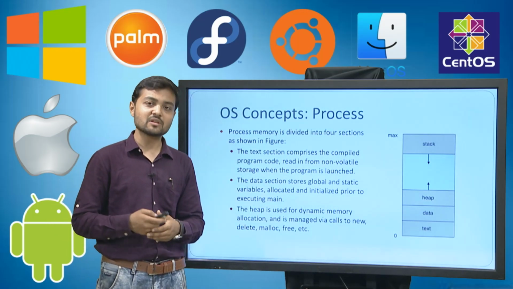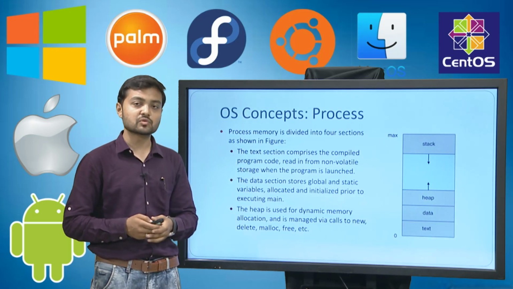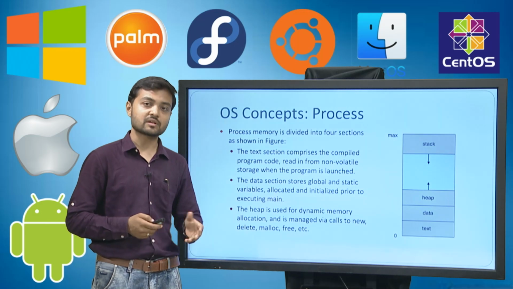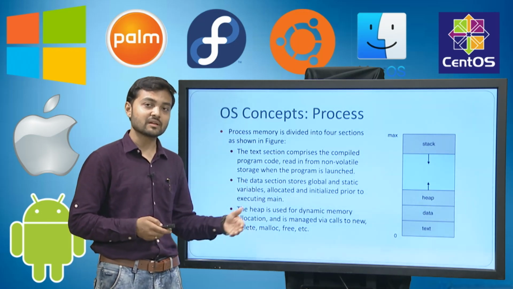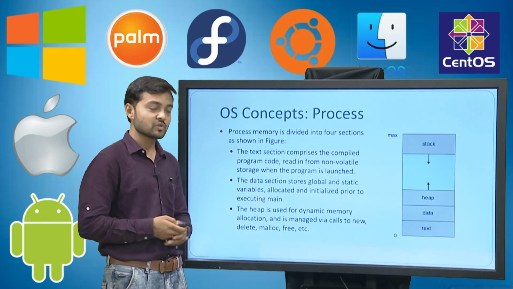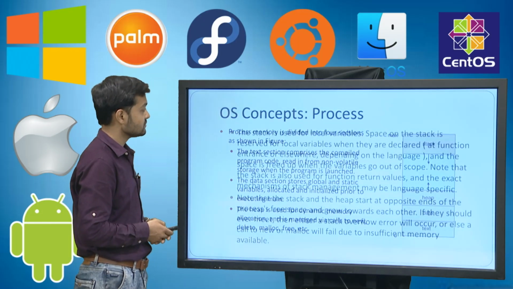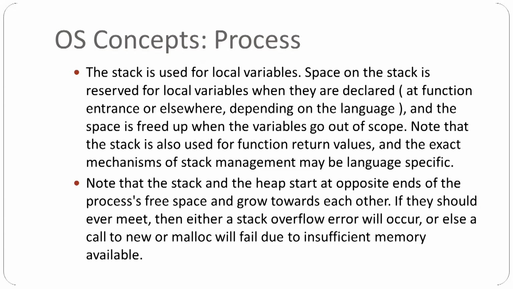Normally the heap is used to store dynamic data, and the stack is normally used to store function calling and function returning, whereas the heap stores the dynamic data of your program. So this is how the memory is divided into 4 parts, and this is what the stack contains and what the heap contains.